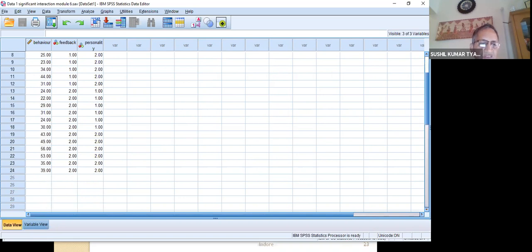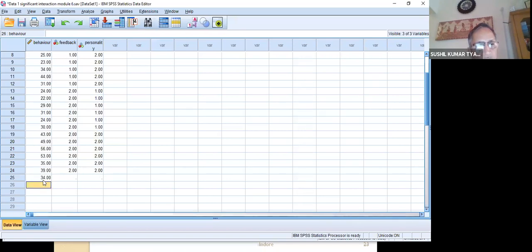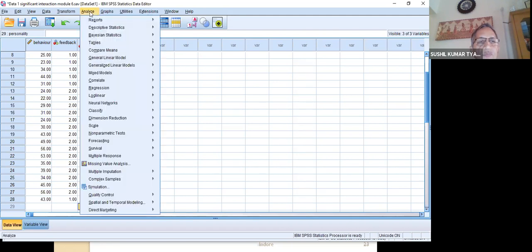Now I am making it unbalanced by adding a few scores here: 39, 34, 30, 45, 56, 44. We have feedback 2, 2, 2, 1, and this is 1, 1, 1, 1. Let us see whether this becomes unbalanced or not.